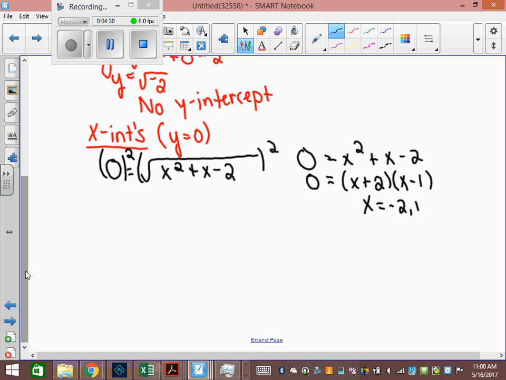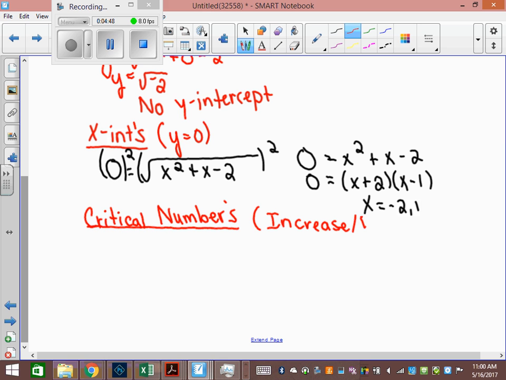Then we do critical numbers, the critical numbers for increase, decrease. How do we get our critical numbers?